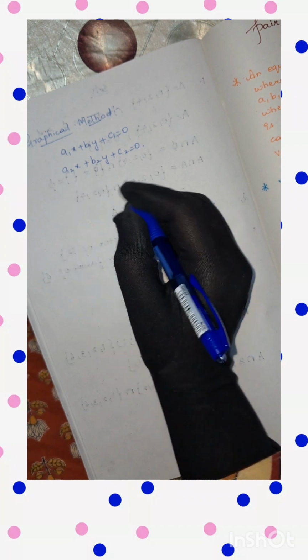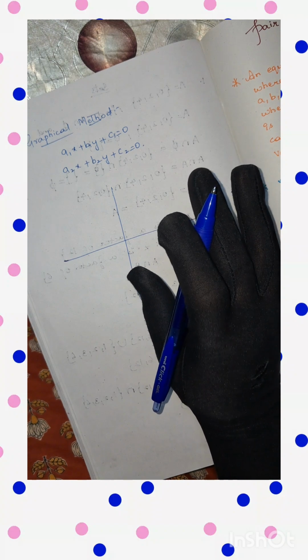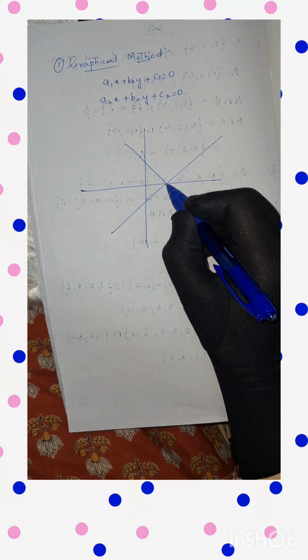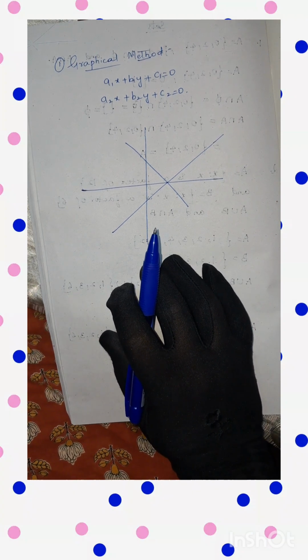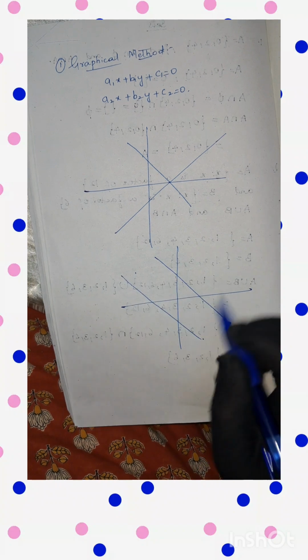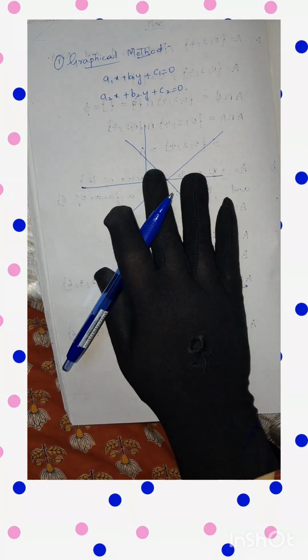On the graph, if two lines are intersecting, there is a unique solution. If the lines coincide, there are infinitely many solutions. If the two lines are parallel to each other, the pair of equations has no solution. So this is the graphical method.